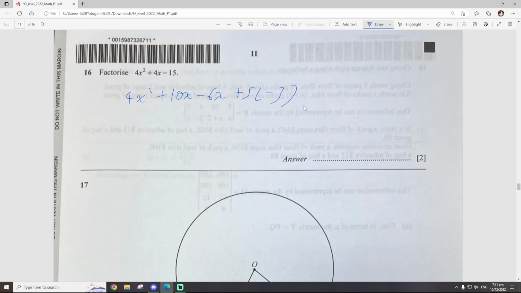And then you can kind of see where this is going, right? You'll get 2x plus 5 and 2x minus 3 somehow. How do I express this?